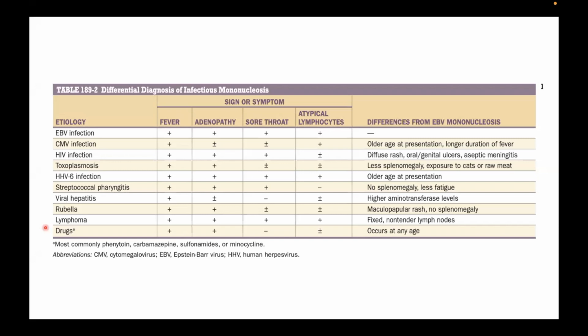Always remember, all of these will present with fever. Almost all will present with lymphadenopathy. Almost all, except for the drugs and the viral hepatitis, will not present with a sore throat. The others can also present with atypical lymphocytes, but it is the more than 10% atypical lymphocytes which is the clincher.